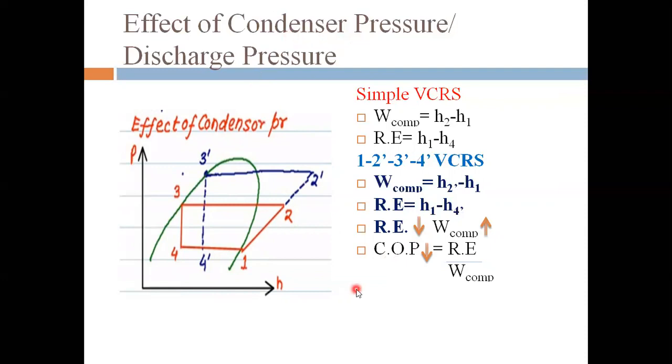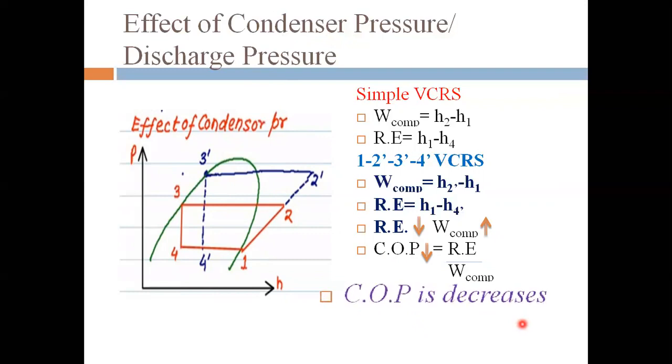So it is advisable to use the proper condenser pressure to run the simple VCRS cycle. By using high pressure, COP decreases. That is the effect on the performance of the simple VCRS.